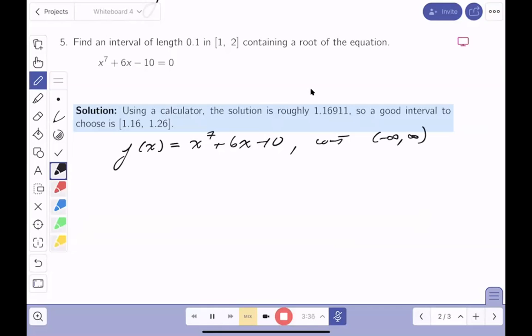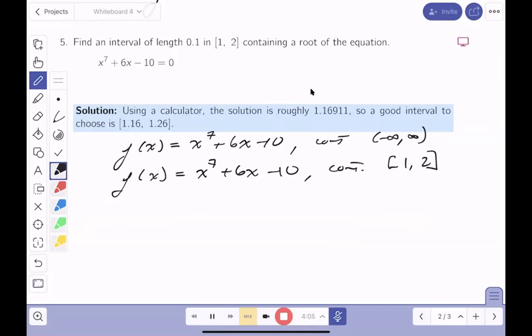They want me to find an interval between 1 and 2 that is length 0.1. All right, so if it's continuous between minus infinity and infinity, what I would say is f of x equals x^7 plus 6x minus 10 is continuous on the closed interval between 1 and 2.